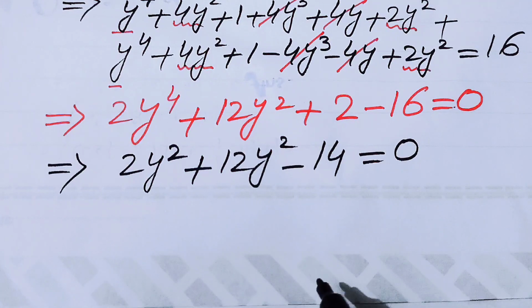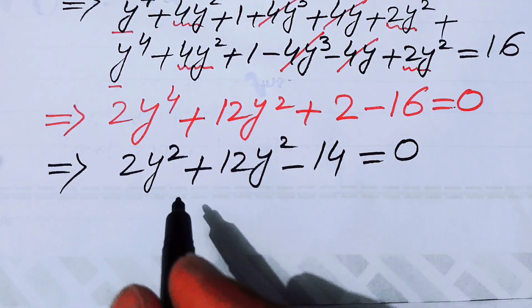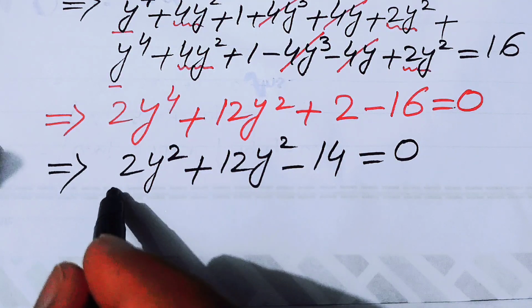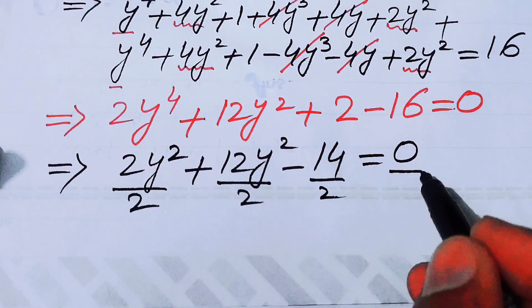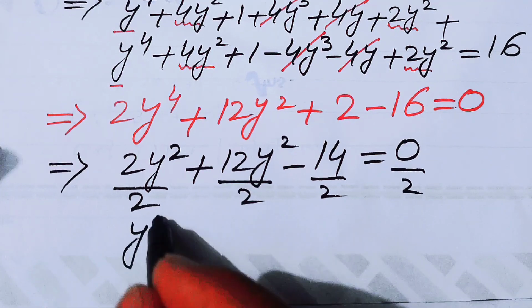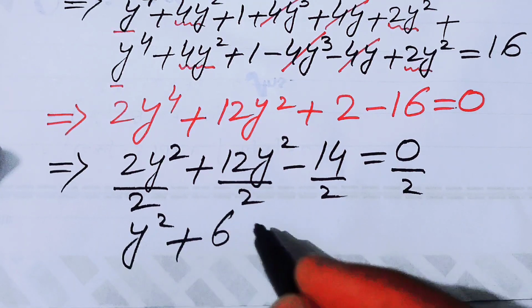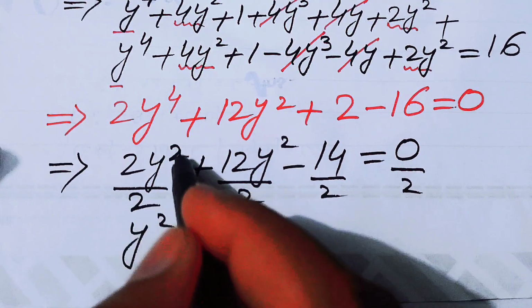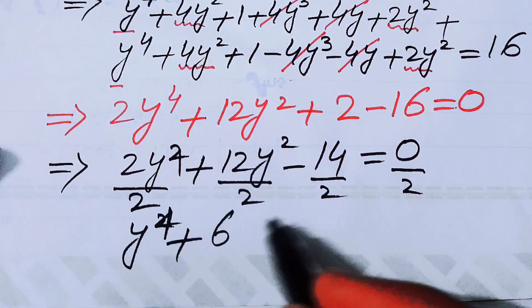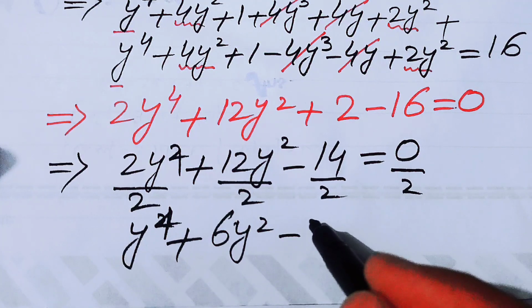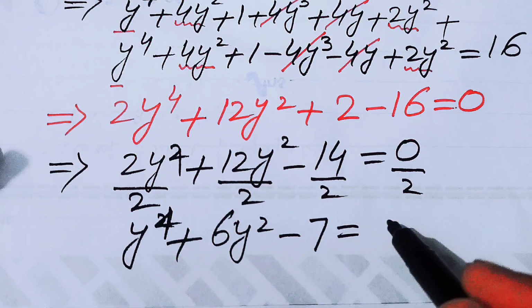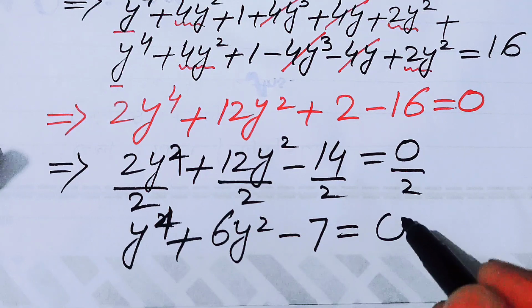And now you see that the common term is 2, so we will divide each side by 2 in this way, and you get y to the fourth plus 6y squared minus 7 is equal to 0.